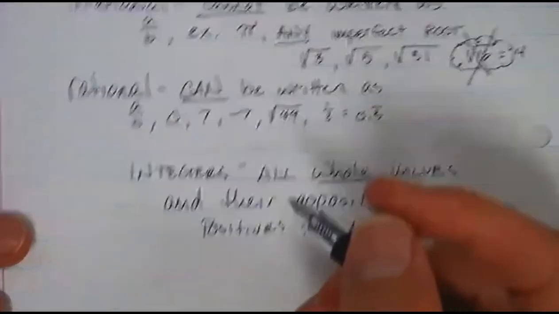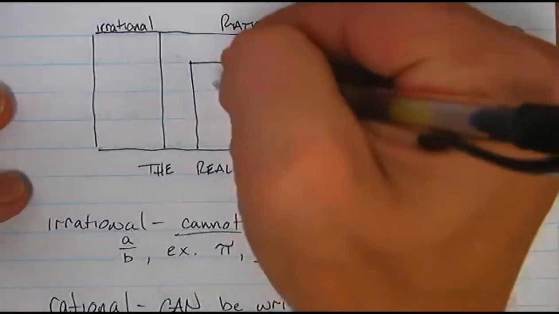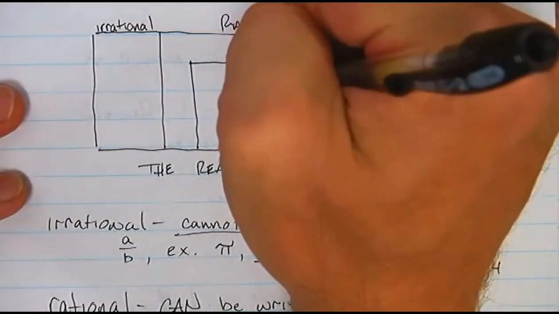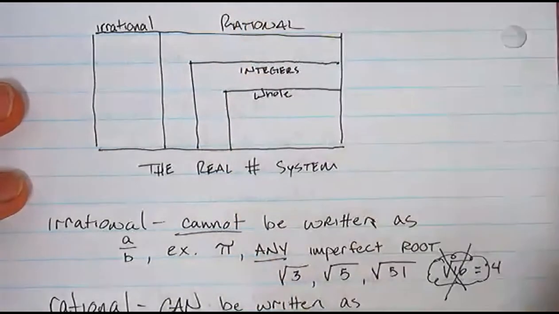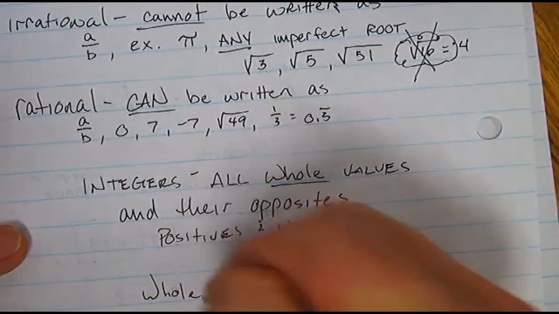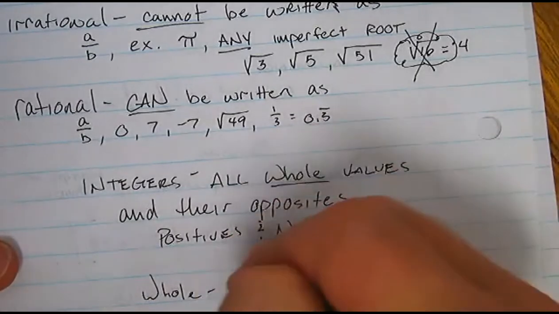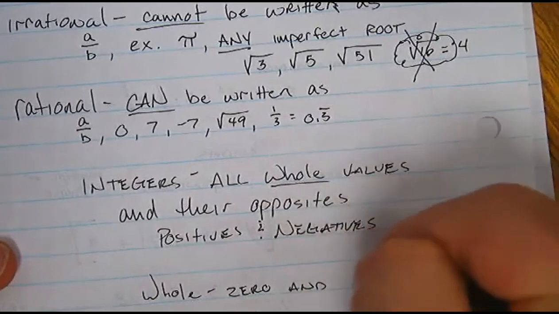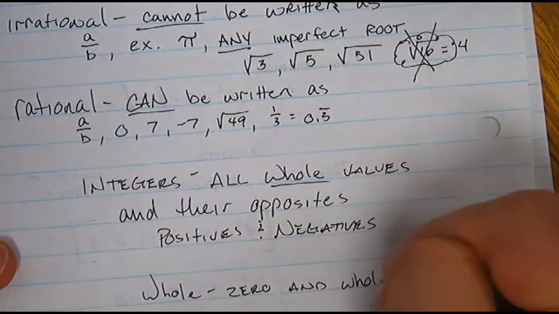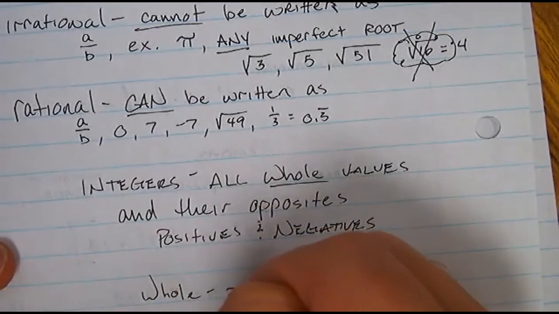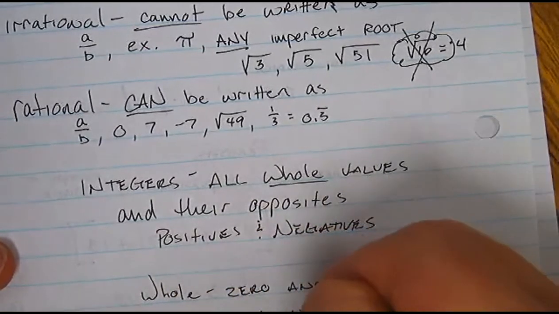Okay, and then within integers, going back up, we have another subcategory here, and that is going to be our whole numbers. So you have the whole number system, which is 0 and whole numbers going up.